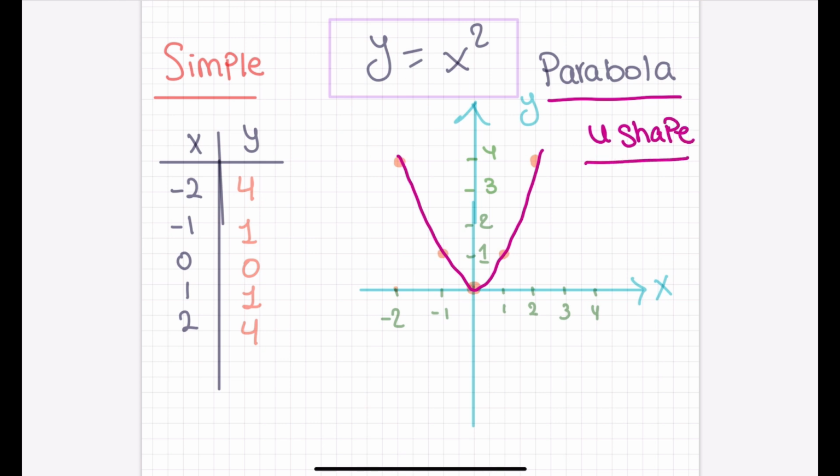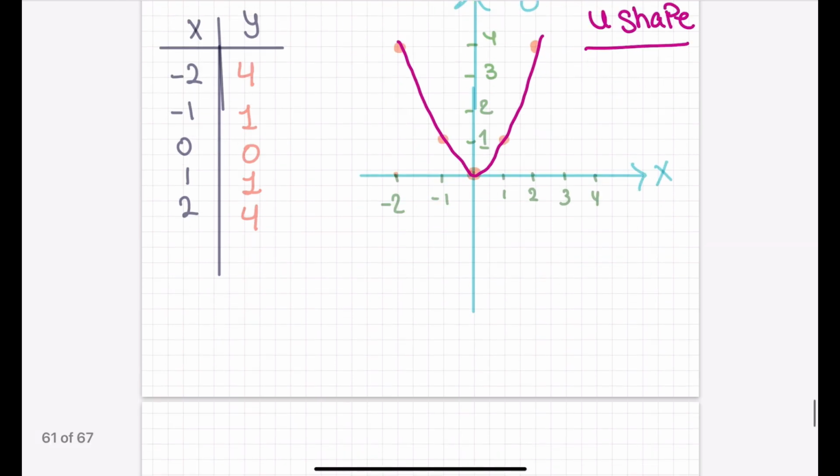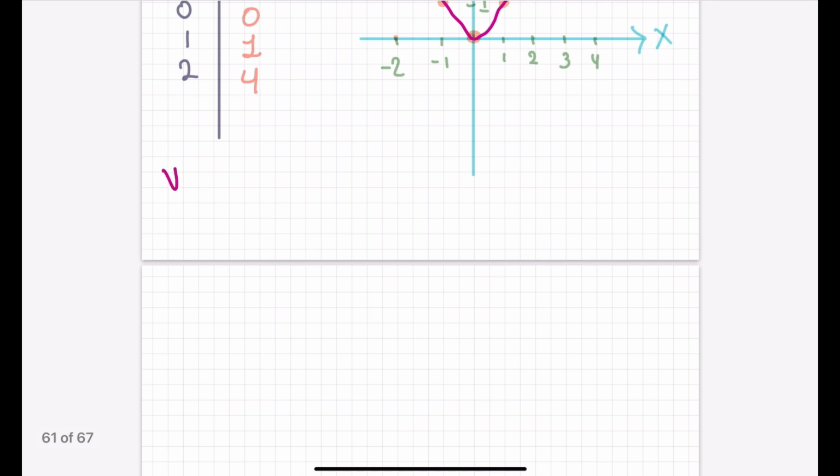All right. So the other thing you need to understand is we have something called the vertex. And you're gonna ask, what is the vertex? Well, the vertex is the lowest point of the graph.